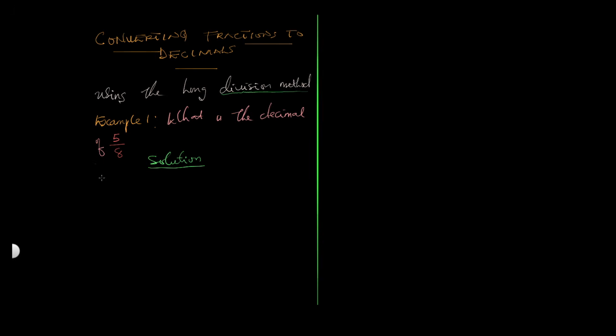And in long division method, what we're going to do is simple. Just put your division sign. Then, which number between the numerator and the denominator will be inside here? Which one is a dividend?